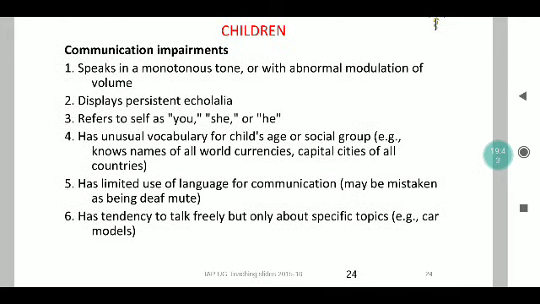Apart from that, limited use of language for communication, like I mentioned, might be mistaken to be deaf or mute, and tendency to talk freely but very specifically about specific topics, for example, car models.